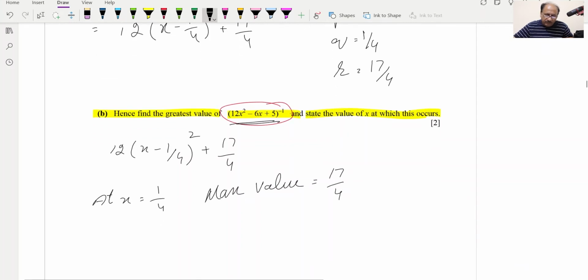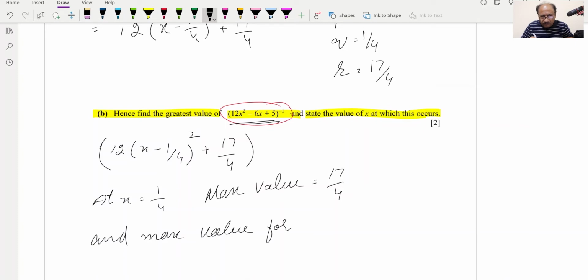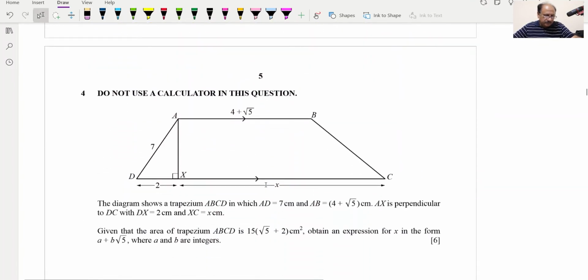Now we have considered this function and we are asked about the inverse of this function. So the maximum value for the inverse will be equal to the reciprocal of this value, which we can write 4/17, and that value will be at x is equal to 1/4. This will be our final answer for this part.